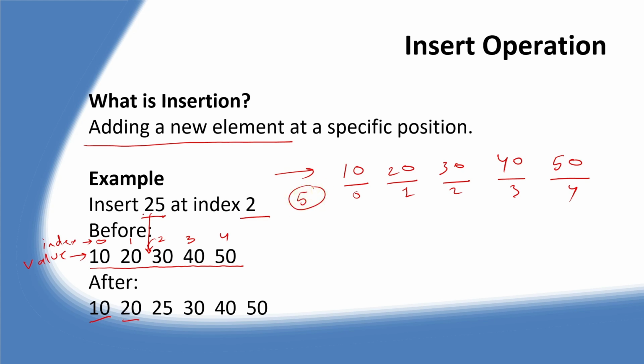Since we are inserting one more value into this array, the size will become 6. So how many places will be there now? 1, 2, 3, 4, 5, 6. And our requirement is to insert 25 at index 2. So let's write the indexes first: 0, 1, 2, 3, 4, 5.